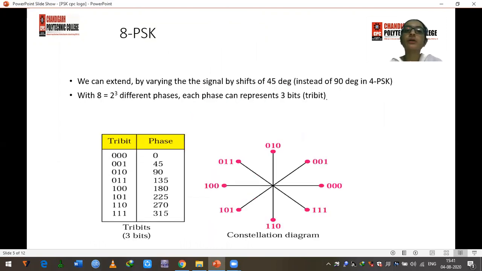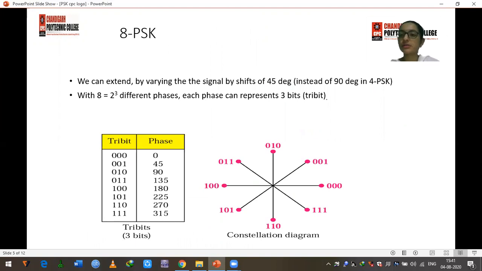So let us start with 8 PSK. We can extend by varying the signals by shifts of 45 degrees instead of 90 degrees as in 4 PSK. As the name suggests, it is 8 PSK. In this, the phase will be shifted by 45 degrees instead of 90 degrees.